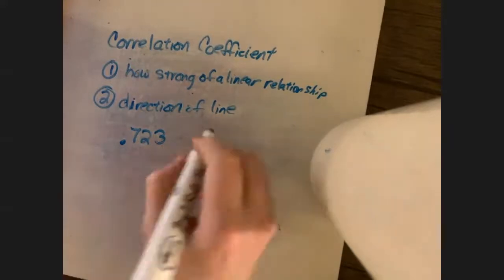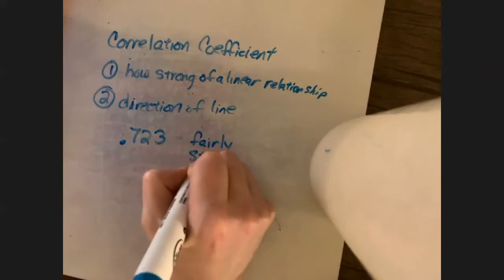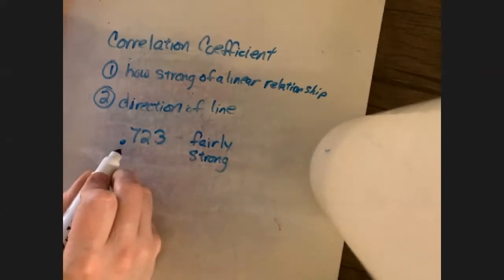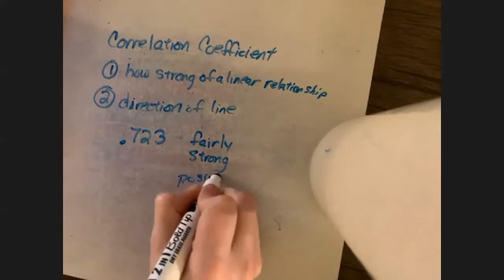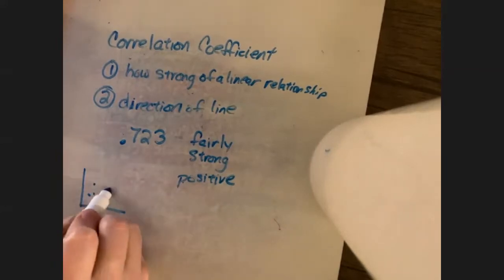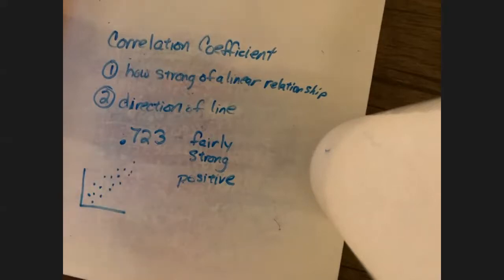So this is fairly strong because it's a 0.7, pretty close to 1. The other thing is it's positive, so if I had my scatter plot, this little bugger would be going up a hill.